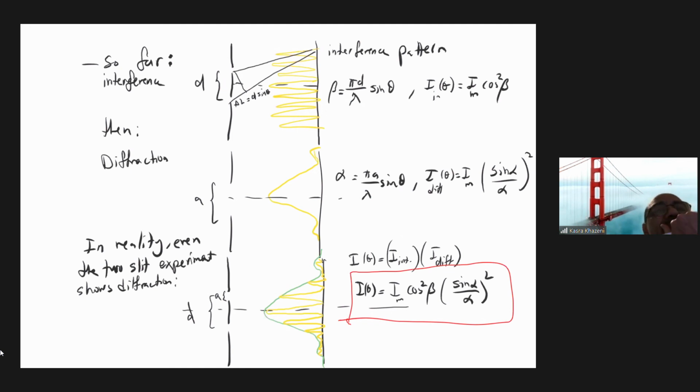So it looks just like alpha, except d is the distance between those two slits, but in alpha, a is the diameter or width of the opening. But they look identical in form. If you go back to what we did with interference, you'll see that this is beta.